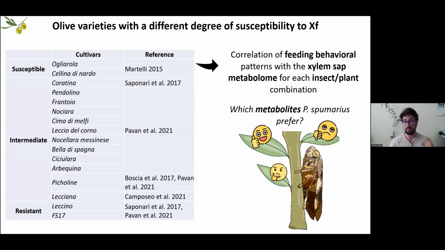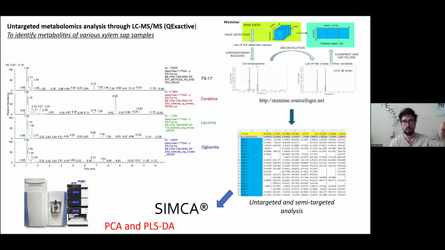So what they are doing is, again, applying the electrical penetration graph to characterize the probing and feeding behavior of Philaenus on each variety. But this time, the correlation is single individual, single plant, so single xylem sap. After the EPG from each single plant-insect combination, the xylem sap is extracted through a Scholander pressure bomb, and then non-targeted metabolomic analysis is carried out by liquid chromatography mass spectrometry, focusing on both primary and secondary metabolites.